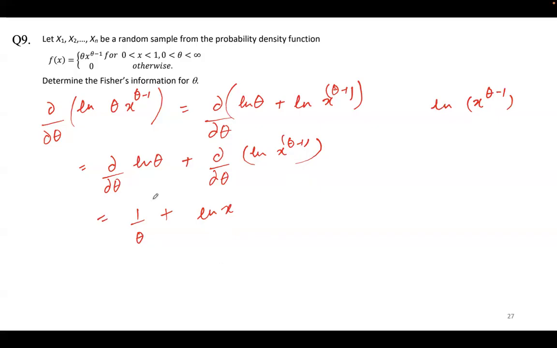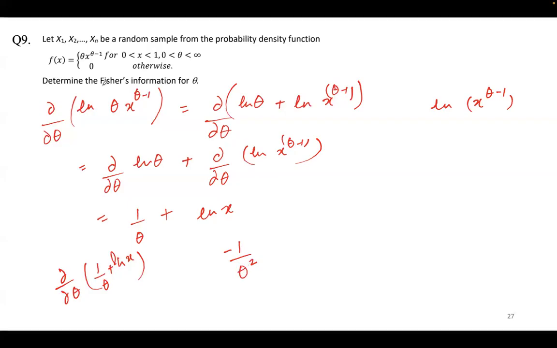Now the first differential here is in terms of theta as well as x. But we don't want x in the Fisher information. So what we can do is a double differential of the whole thing. So it's going to be this again of 1 by theta plus ln of x. Now ln of x is a constant, right? So what we get now is just del by del theta of 1 by theta, which is going to be minus 1 by theta square.